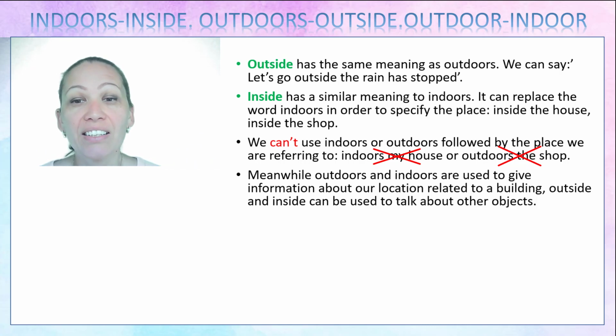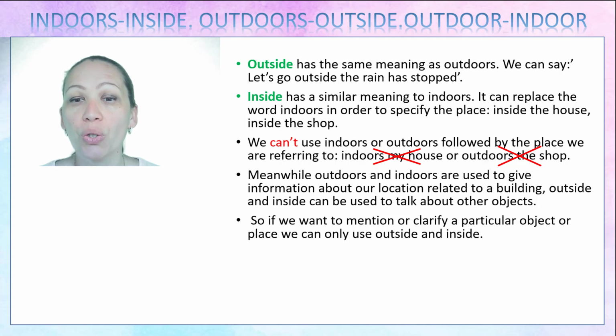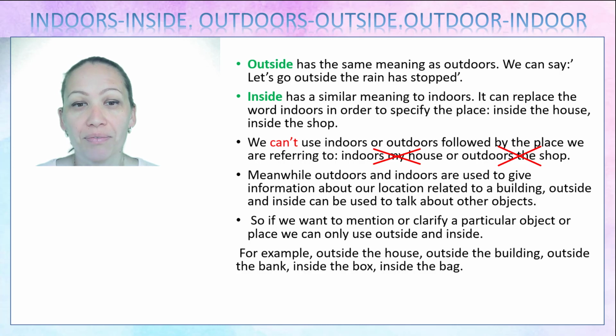Outside and inside can be used to talk about other objects. So if we want to mention or clarify a particular object or a place, in this case, we can only use outside or inside. For example, outside the house, outside the building, outside the bank, inside the box, inside the bag.